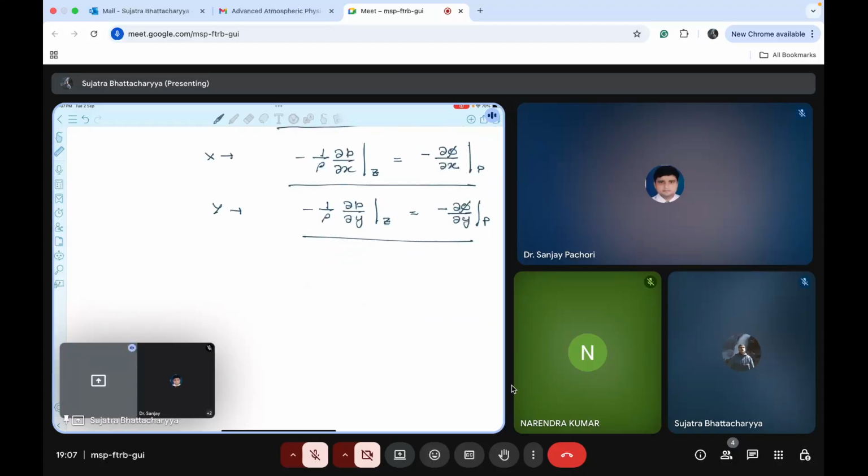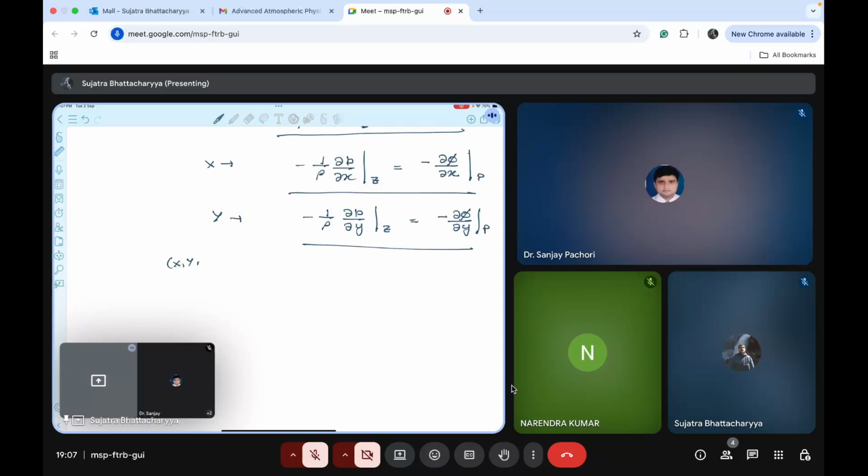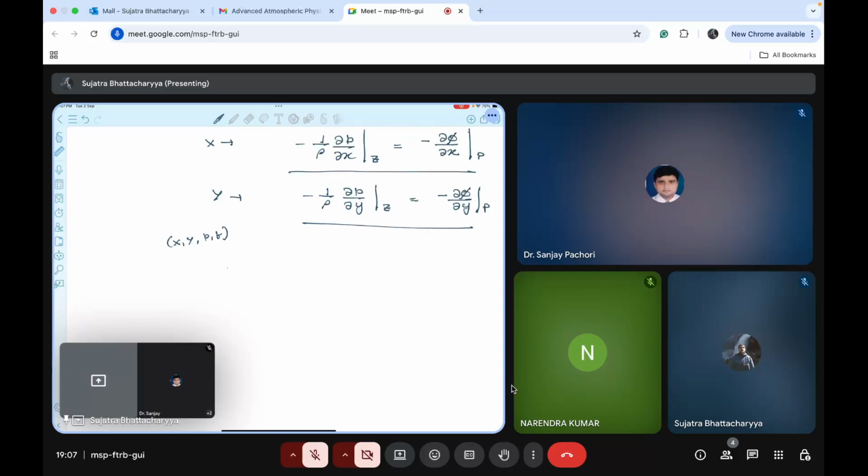Therefore, my momentum equation at x, y, p, t will be what? du dt, which can be written as delta u delta t plus u delta u delta x plus v delta u delta y plus, wait, right now let us wait here. Okay, what we generally write is delta p delta z is equal to minus 1 by rho delta p delta x plus something, whatever.